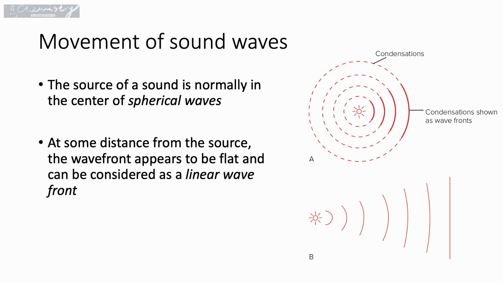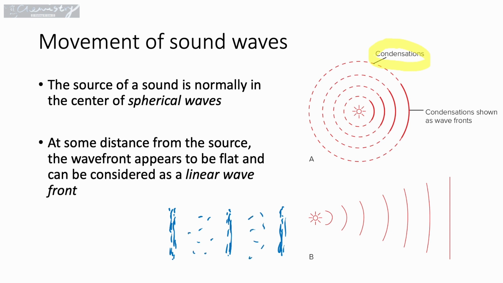What these lines mean is that they are the condensations. Remember that when we are looking at longitudinal waves, which sound waves are, we have regions where we have more dense air particles, and they look like this as longitudinal waves are generated. And then in the middle, we have lighter density ones.